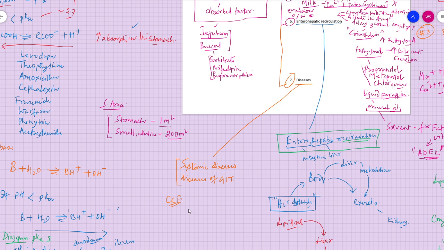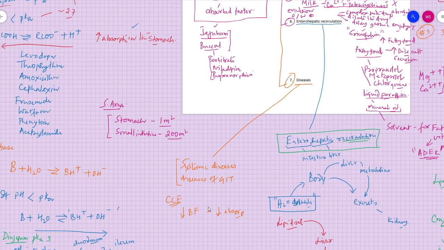There will be decreased blood flow to the places where there are increased blood vessels, so the mucosa or the jejunum. If there is decreased blood flow, there will be decreased absorption. Most of the drugs would be affected if the person has got congestive cardiac failure, so localized delivery should be looked at in such patients.